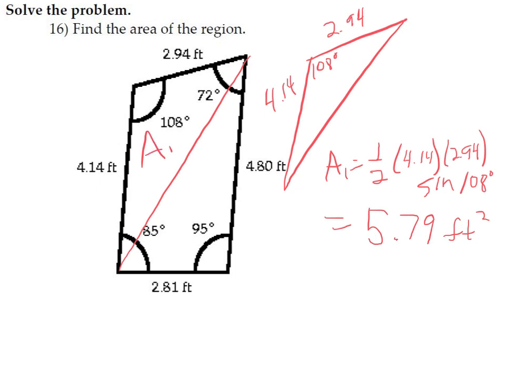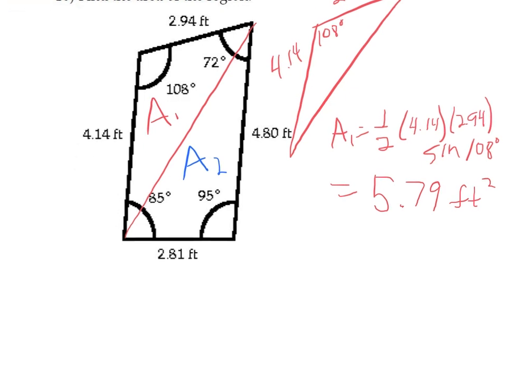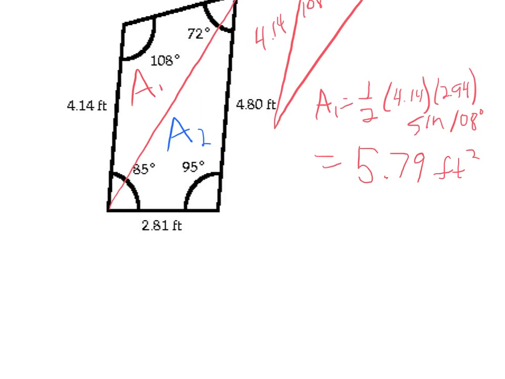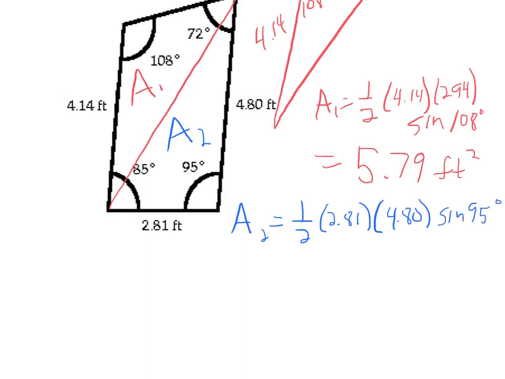Beautiful. We now need to find A2, and it's a very similar process. Okay, A2 is going to be 1/2 side, 2.81, side, 4.80, angle between, sine 95 degrees. The formula for area is always this form.